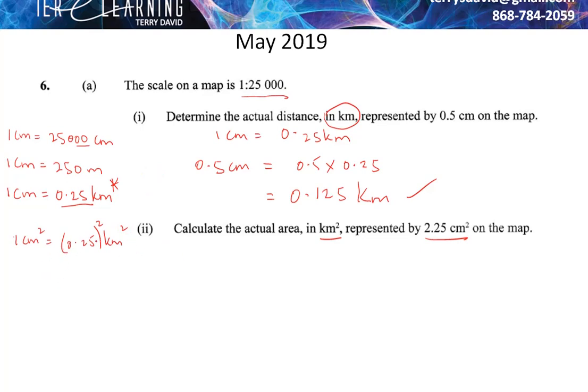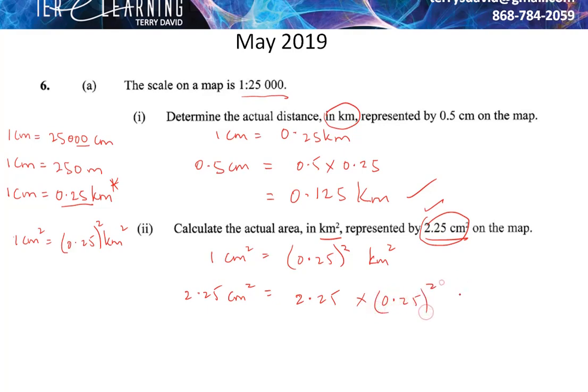So I want to convert 2.25 cm squared into kilometers squared. We know that 1 cm squared is equal to 0.25 squared kilometers squared, and I want to convert 2.25 cm squared. To convert that to kilometers squared, all I have to do is multiply 2.25 by 0.25 squared in kilometers squared, right?